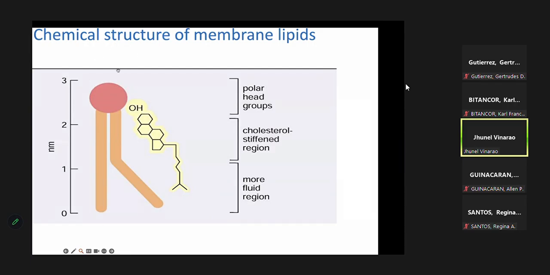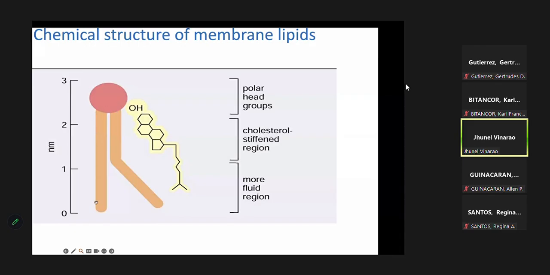So ang facing sa cytosolic monolayer is yung mga polar ends. So yung orientation ng cholesterol ganun din. Kung nasaan yung polar head, andun din yung OH, yung polar region ng cholesterol.